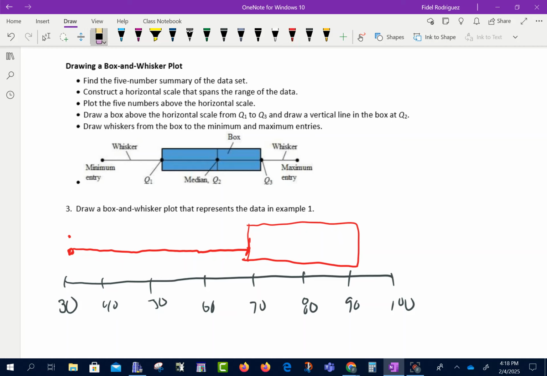I know it's supposed to be a little bit shorter, so we'll fix that. Boom. Here is my Q2, and my maximum number, y'all, is going to end at 99. That's 90, 80, 70, and that's 31. And that's how we draw a box and whisker plot.